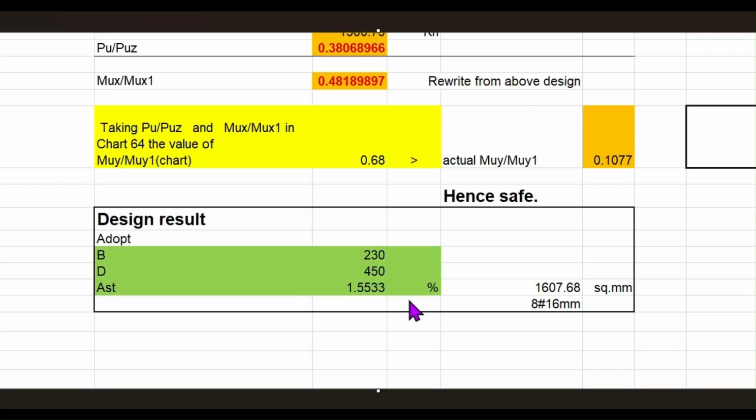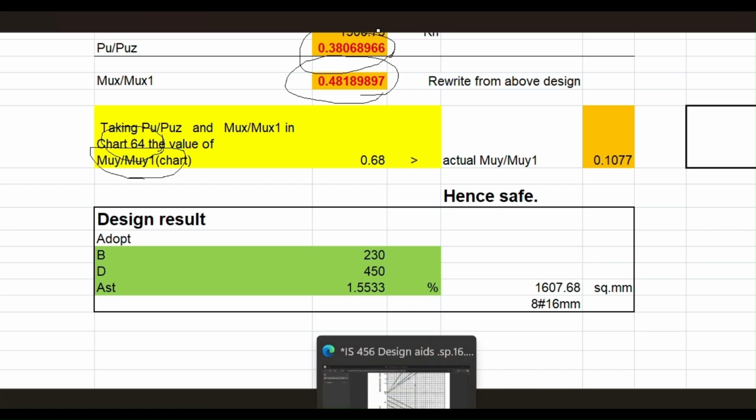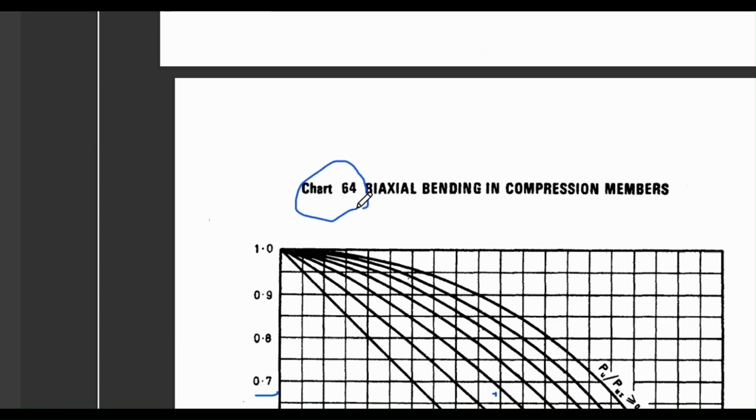We are coming to another slide. This is 0.38, Mu by Mux1. We have already arrived at this one. Using this chart number 64, we are arriving at this value as per the chart. Though we have this value separately, let us see what the chart says. This is chart number 64.